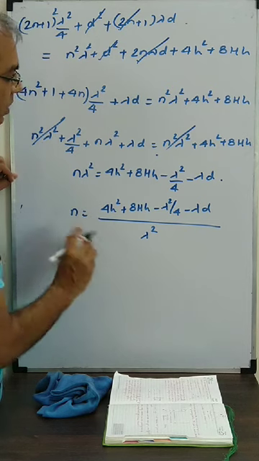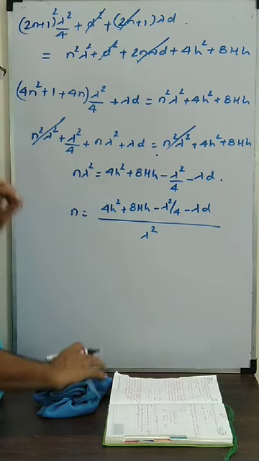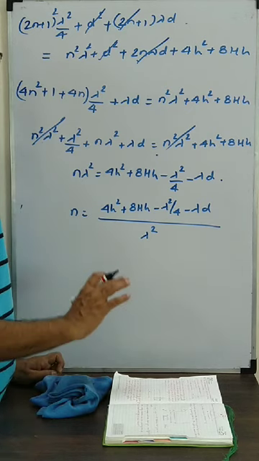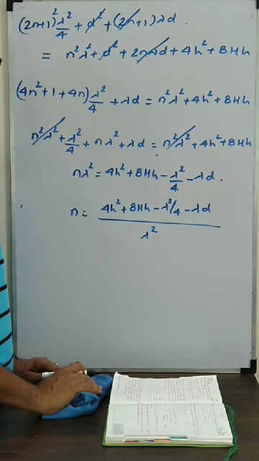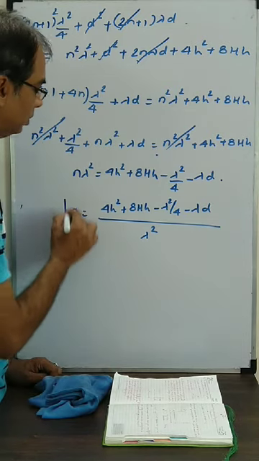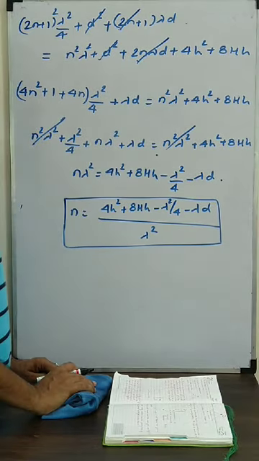Okay, so this is the n value. Now this n value we have to put in the first equation, so that we get a relation between lambda, capital H, small h and d. I hope this is clear to you. This is our answer. Standing waves we'll start in our next class.